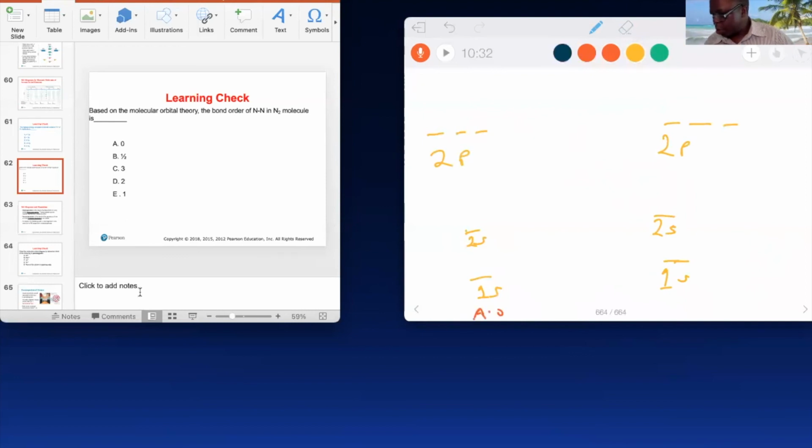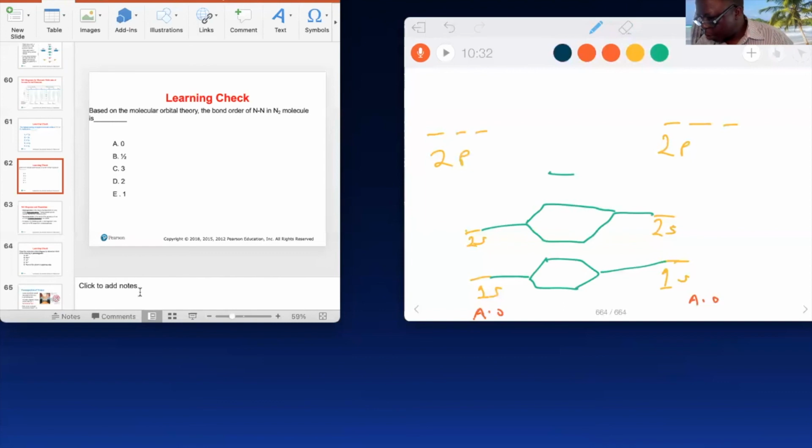This is atomic orbital. There is the 1s. You see that? What is coming from each one of them here will form something like that. And then here will form something like this. Now for this, it will form this, it's going to form 1, 1, and then there is a dash right there.